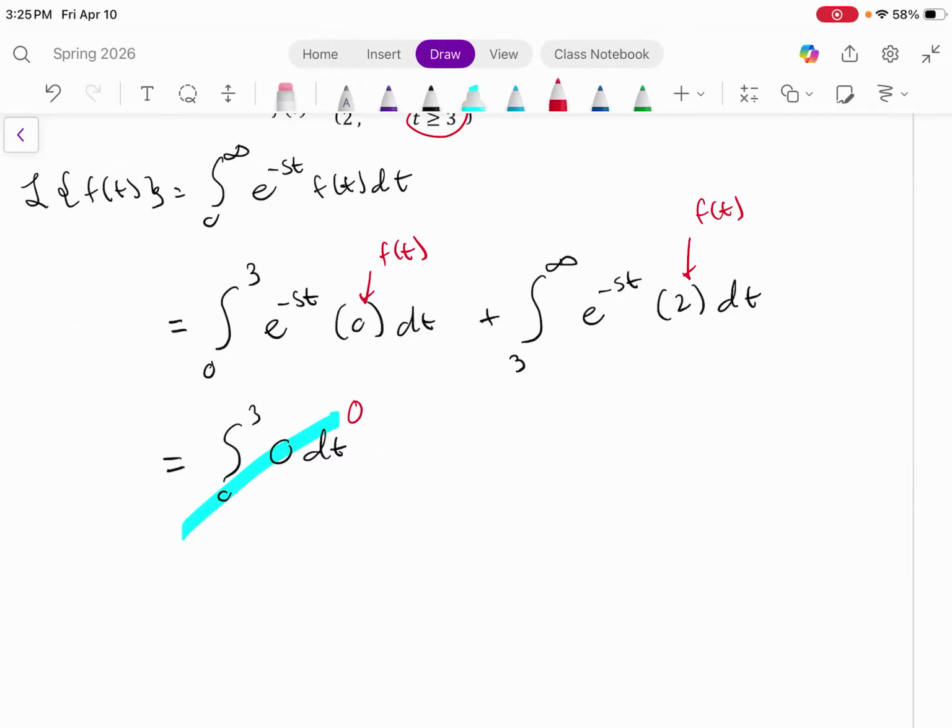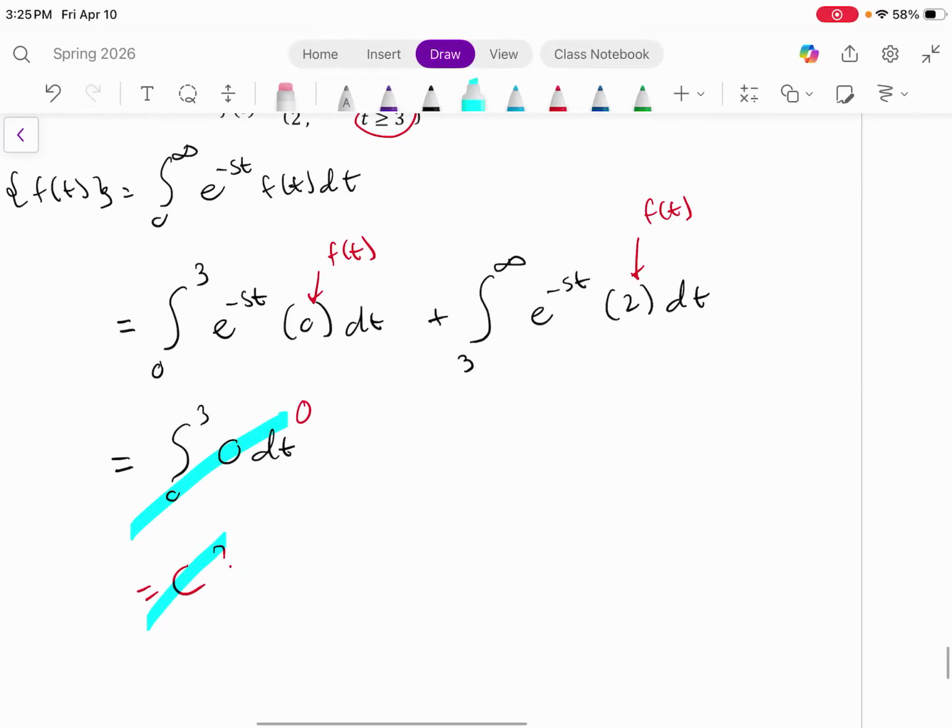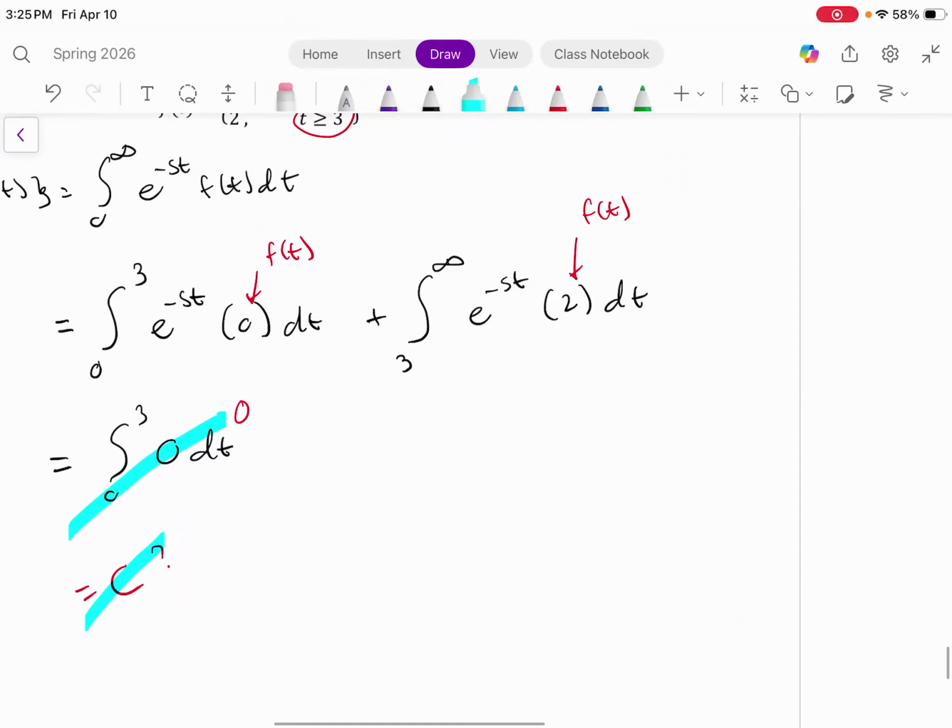We could get a constant essentially, but we don't really want to deal with constants with a Laplace transform. We could get a constant, but what we can say is just it goes to 0. We don't want a plus c for our Laplace transform. It's unnecessary going through the transform. So we don't have to worry about that integral.